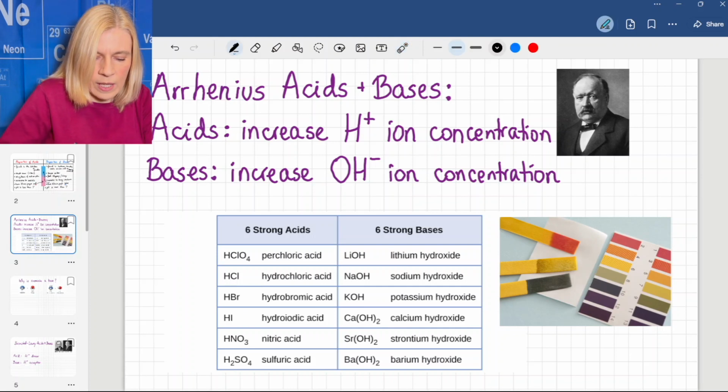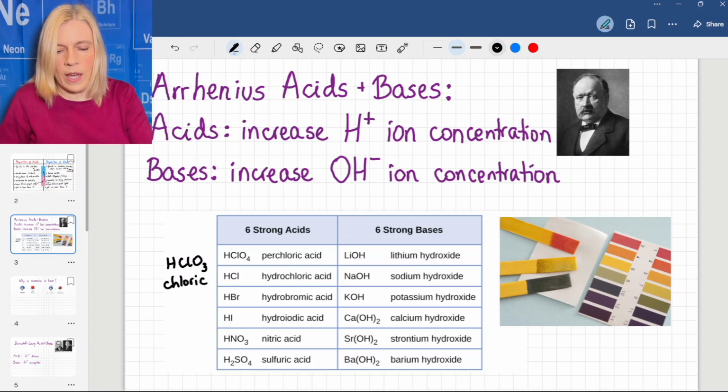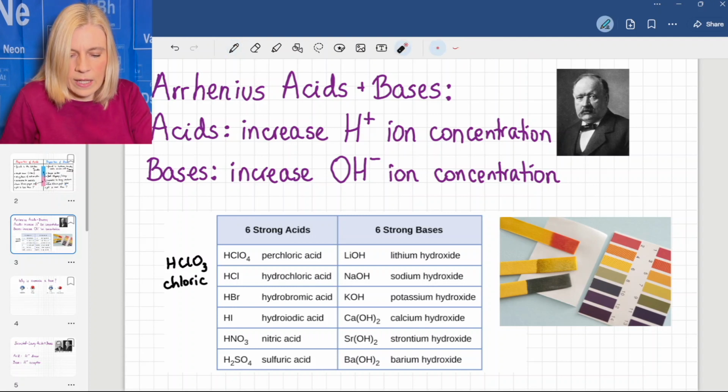So we have perchloric, chloric, hydrochloric, hydrobromic, hydroiodic, nitric, and sulfuric acid. These will really increase H plus ion concentration.